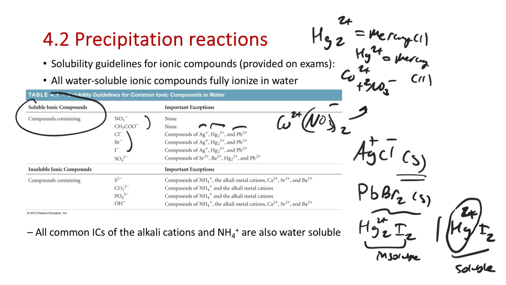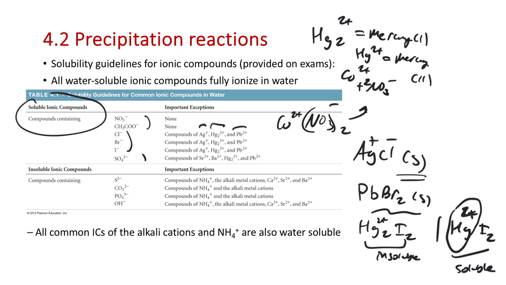An interesting property of mercury. Mercury is pretty dangerous though. We tend not to work with it in the lab, but I just wanted us to see that distinction: mercury has 2 common cations, one soluble with those ions, one insoluble. Silver and lead don't have this issue. They only form 1 cation, and the 1 cation that they each form is insoluble with chloride, bromide, iodide.